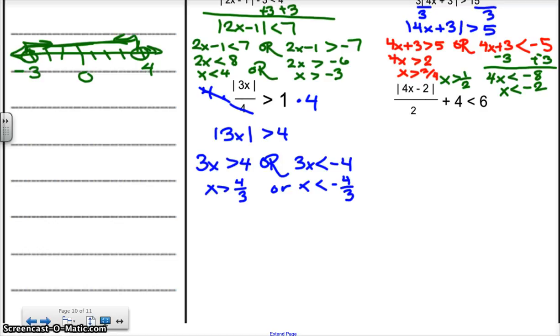All right, last one. This is hard. You gotta do 2 things to get the absolute value alone. First thing I need to do is subtract 4, and I get the absolute value of 4x minus 2 over 2 is less than 2. Right, Chris? Multiply through by 2.